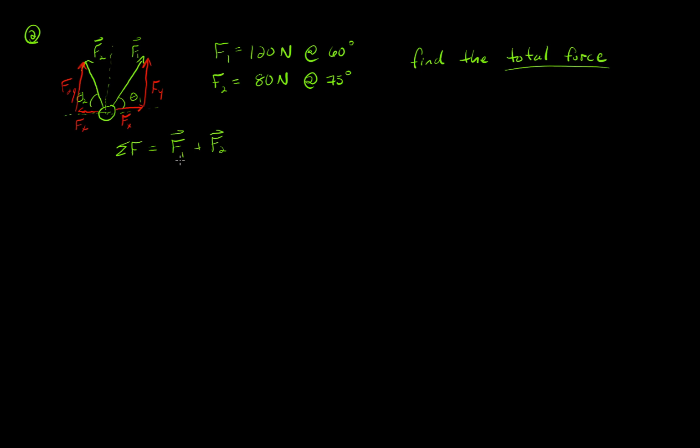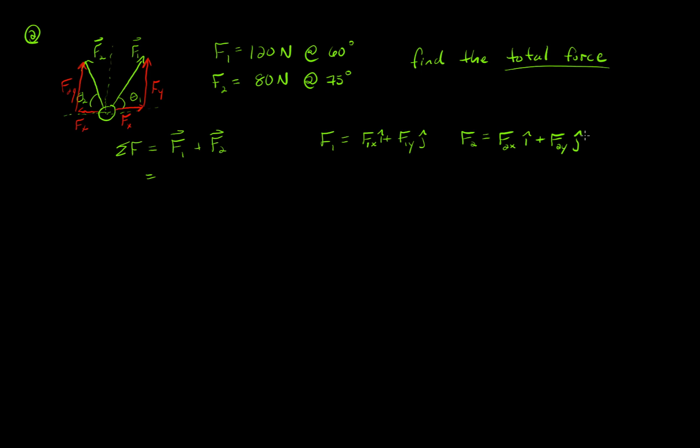Here, I'm going to define them as vectors. F1 would be F1 in the x plus F1 in the y. I'll go ahead and add the hats in there, i hat and j hat. And force 2 is going to be force 2 in the x, i hat, plus force 2 in the y, j hat.